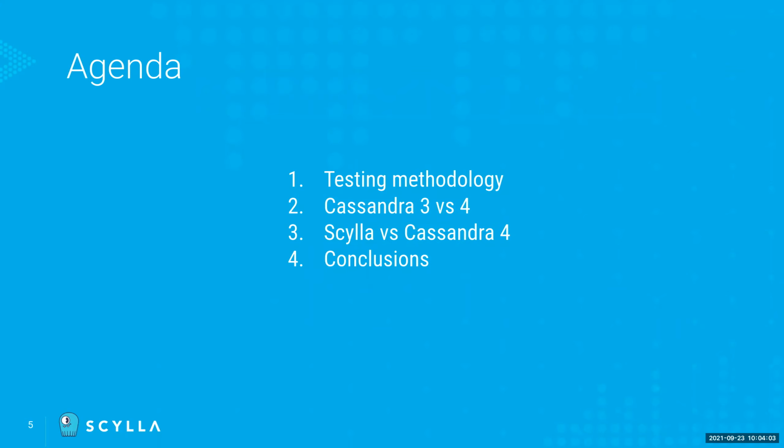As you will see, there's a big difference between the performance of Cassandra 4, especially the latency numbers. Next, we'll go into comparison with Scylla. So is Scylla still a better option compared to Cassandra, even with all the improvements of Cassandra 4? And finally, we'll have some portion of conclusions. So if you are wondering if you should switch to Scylla or maybe consider Cassandra 4, that's the part we will cover those decisions in.